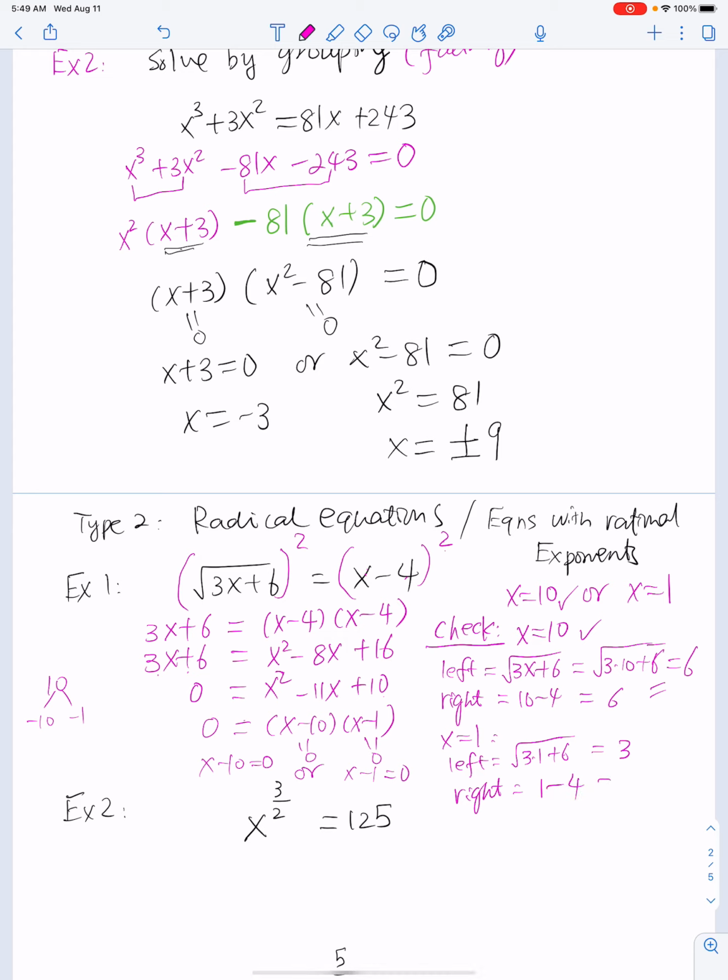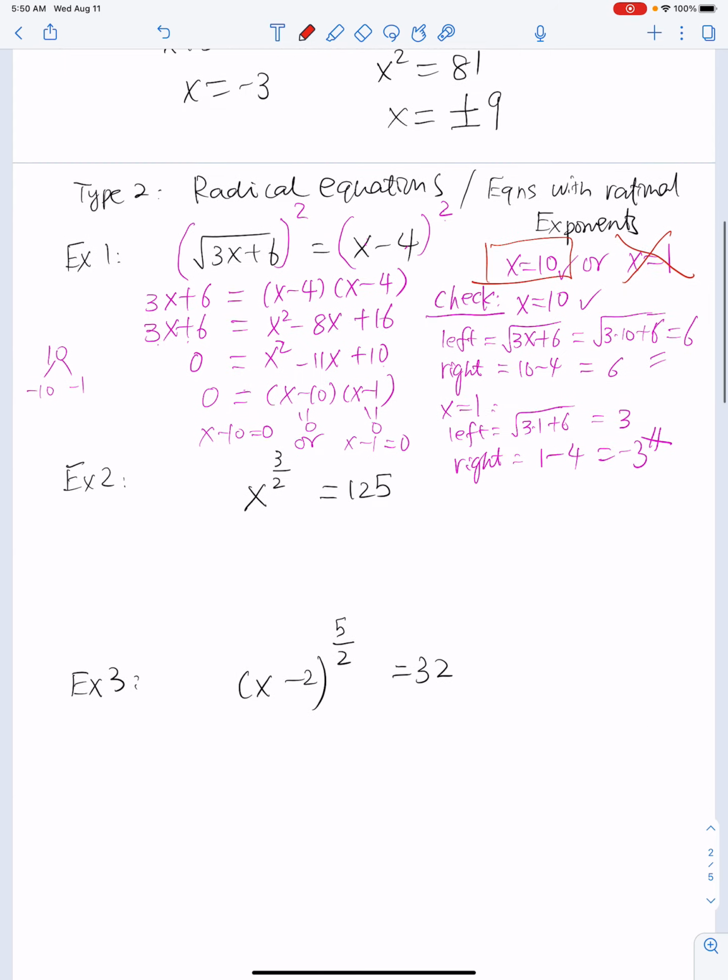Minus 4 is what? Negative 3. Are they equal? No. So this is not a solution. What is your solution? x equals 10 only. So this step is always forgotten by some students. So do not forget to check if you have a radical equation.